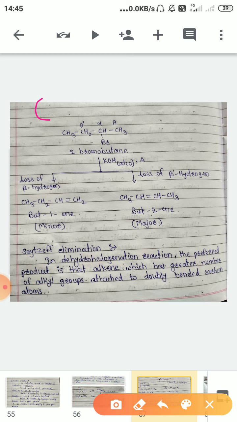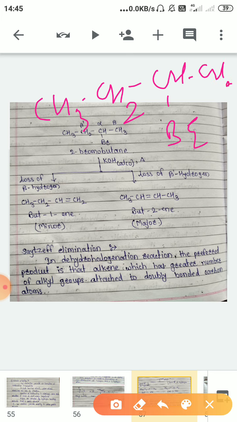If we consider 2-bromobutane, CH3, CH2, CH, Br, CH3, here the bromine atom is at the second carbon atom. This carbon atom is called the alpha carbon atom because it contains the functional group.